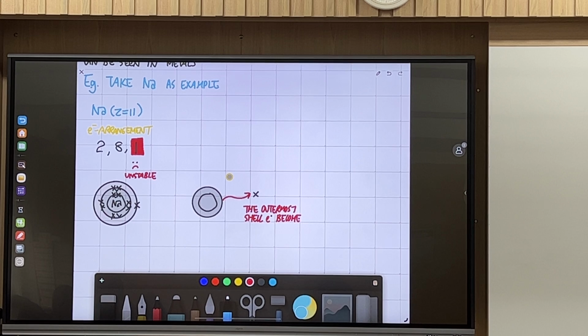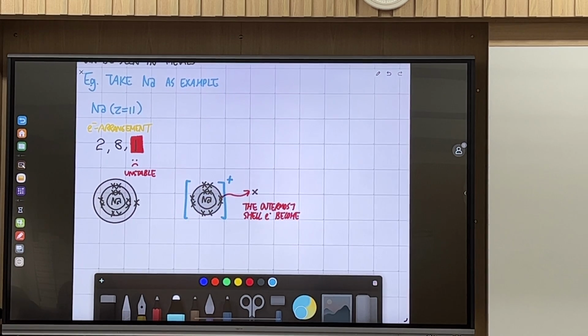This has two consequences. Number one, it makes sodium more stable, as it now becomes, is it a 1 plus charge or 1 minus charge ion? 1 minus? When you lose an electron, you become more positive. Yes, you become a positively charged ion. At the same time, you get a free electron. So we can write an equation describing what is happening here.